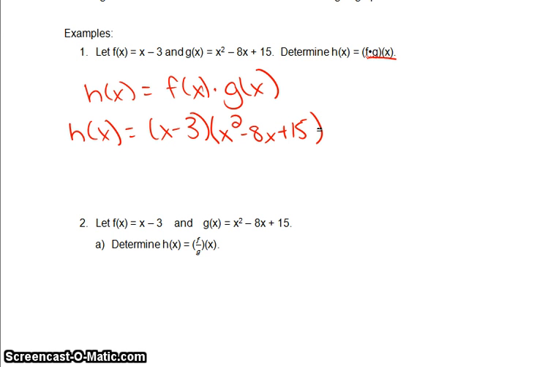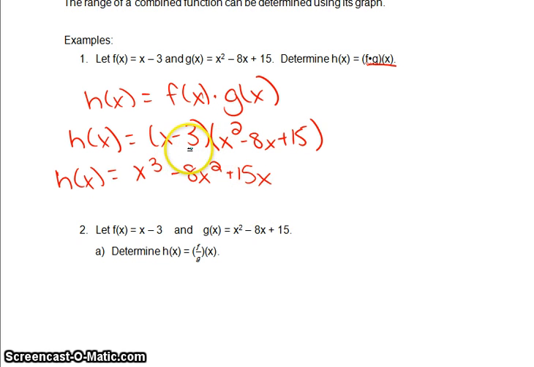Then from there we can expand, or distribute the first bracket into the second. So we'll multiply each term by x. So h of x is equal to x times x squared is x cubed. X times negative 8x is negative 8x squared. X times 15 is plus 15x.